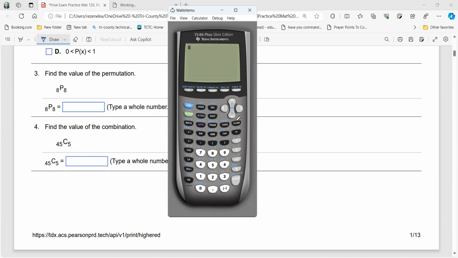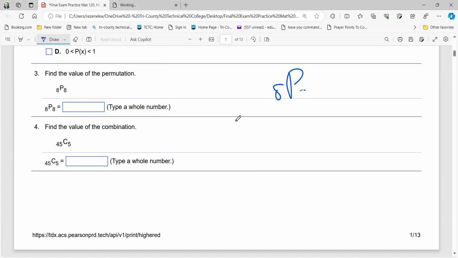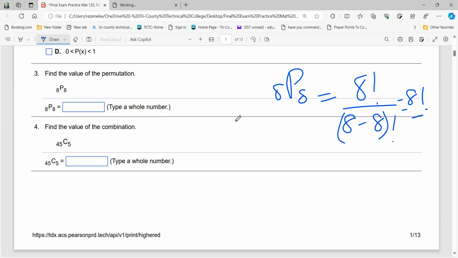Suppose I'm told to find 8 permutation 8. Remember, it's the same as 8 factorial all over 8 minus 8 factorial. And we end up having 8 factorial divided by 0 factorial.